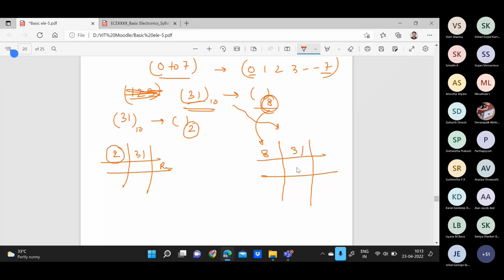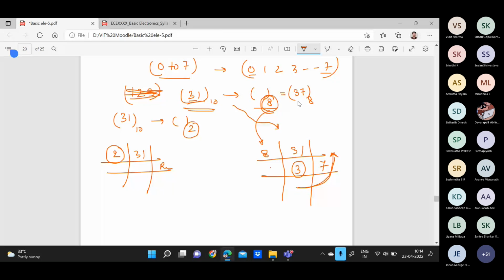How many times it will go? It will go 3 times, and the remainder will be 7. Right? So again, as the number is smaller than 8, now it will not go. From bottom to top will be your octal number, right? That means 31 you can write down as 37 in octal.